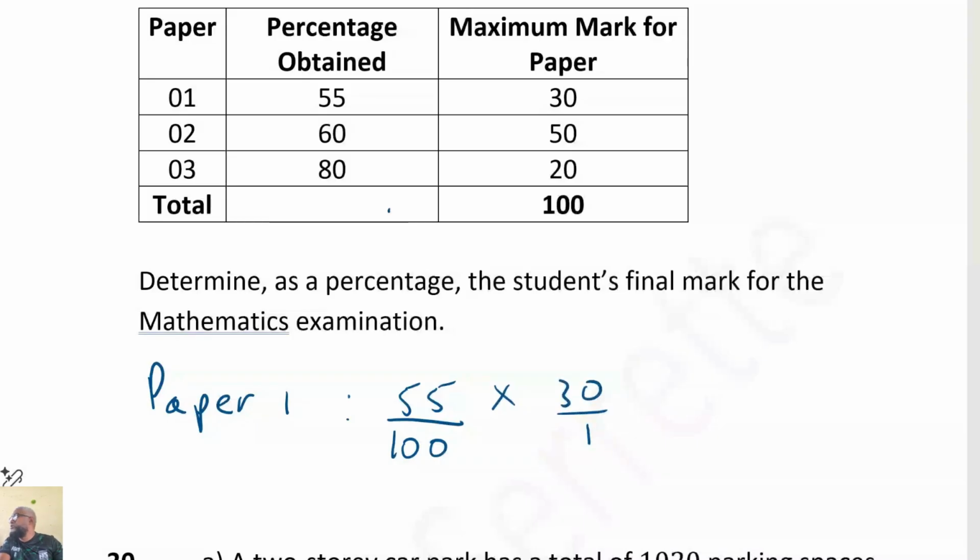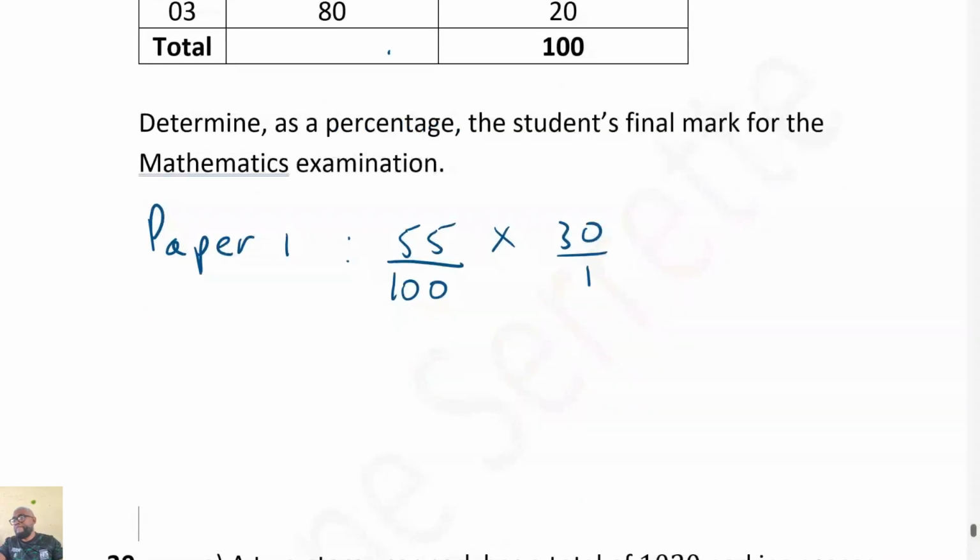How much did the student obtain in paper 1? 16.5. Right, so paper 1 will be equal to 16.5. Everybody good there?